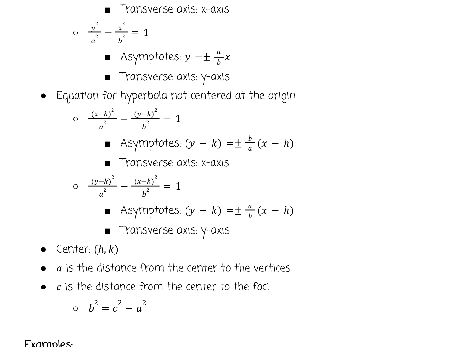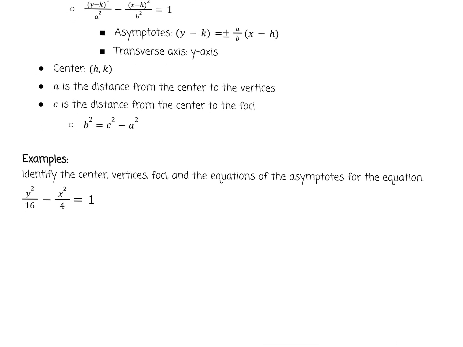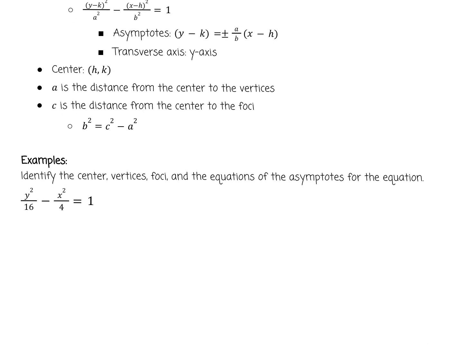So in our example, we have y squared over 16 minus x squared over 4 equals 1. And we want to identify our center, vertices, foci, and the equations of our asymptotes. So first I'm going to identify my center, which is going to be at (0, 0), since I'm not adding or subtracting anything from x or y in my numerator.